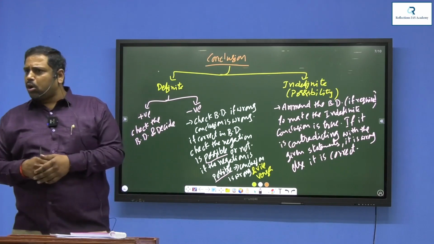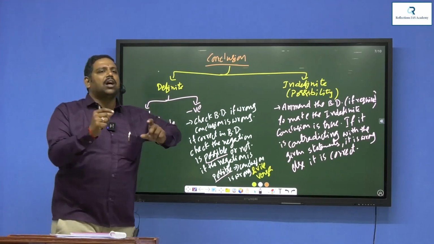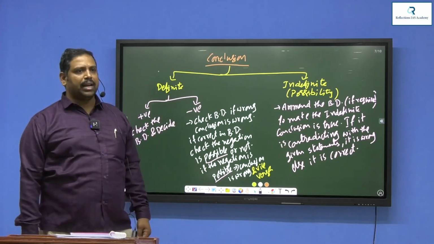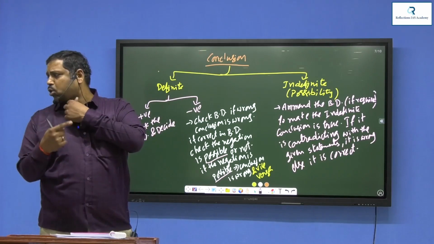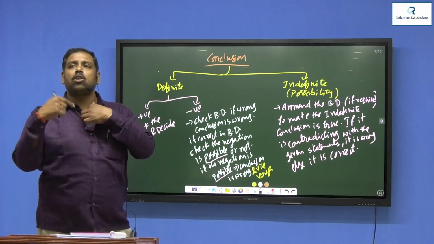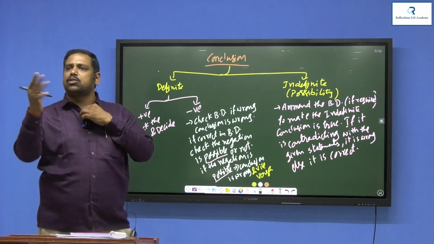If it is not correct, then amend the basic diagram to make the conclusion a correct one. If it is not contradicting the given statements, that means the conclusion is correct. Else, it is wrong.